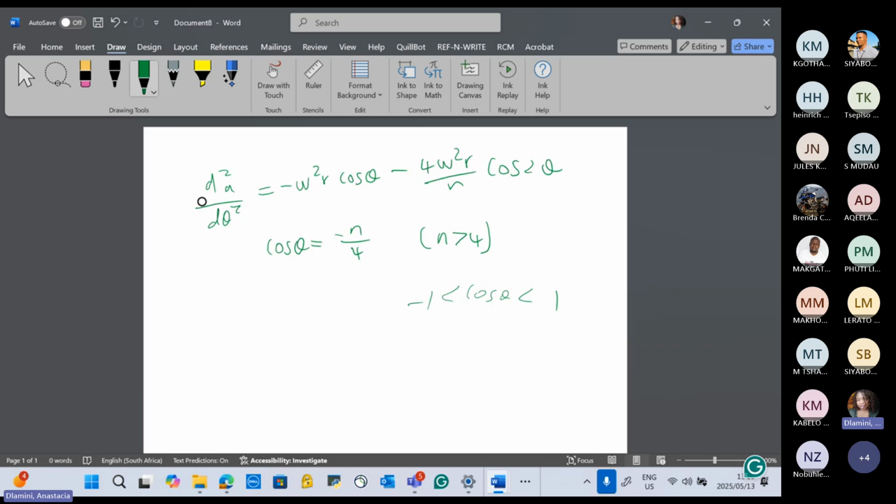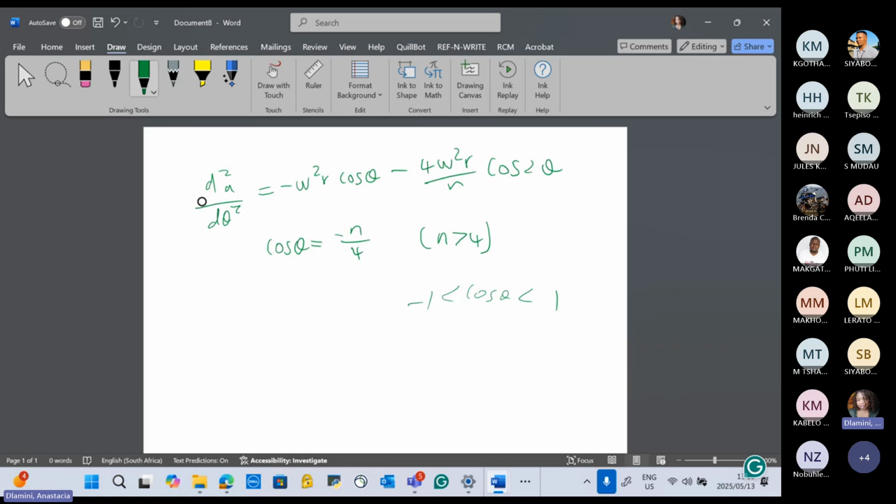The person who says substitute the way it is, how do I do it? Where it says cos theta, you put negative n over 4. Okay, and then where it says cos 2 theta, what do I do?